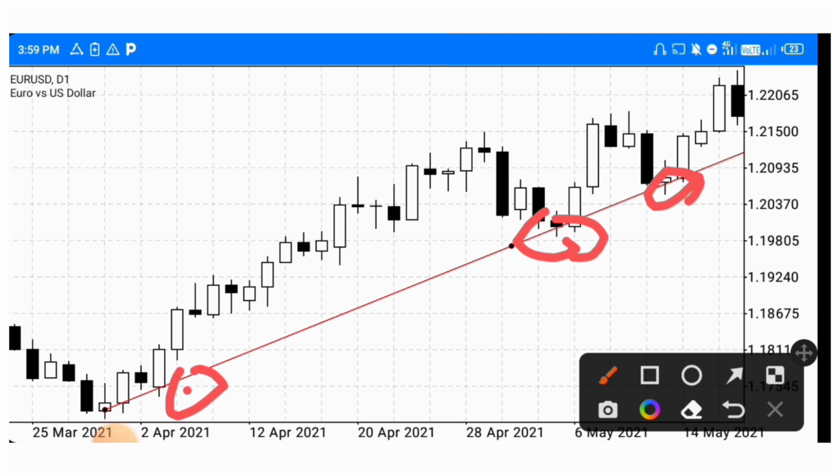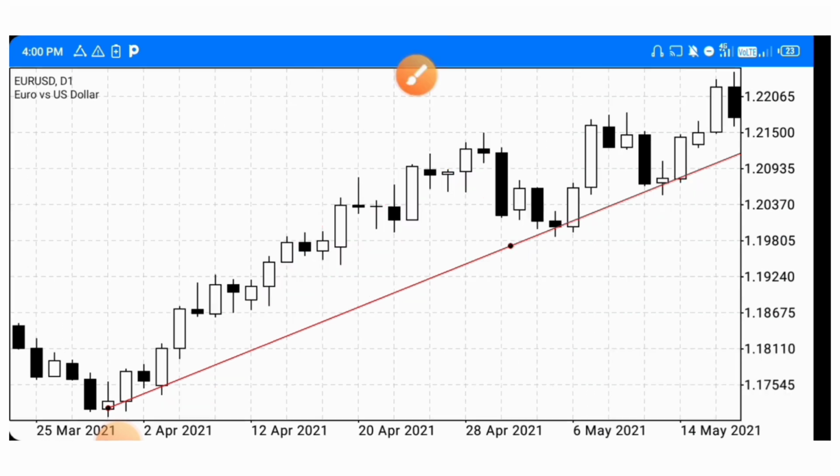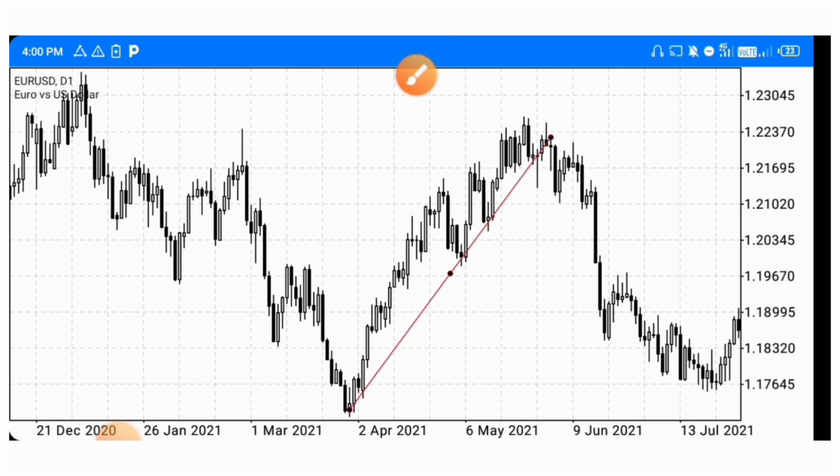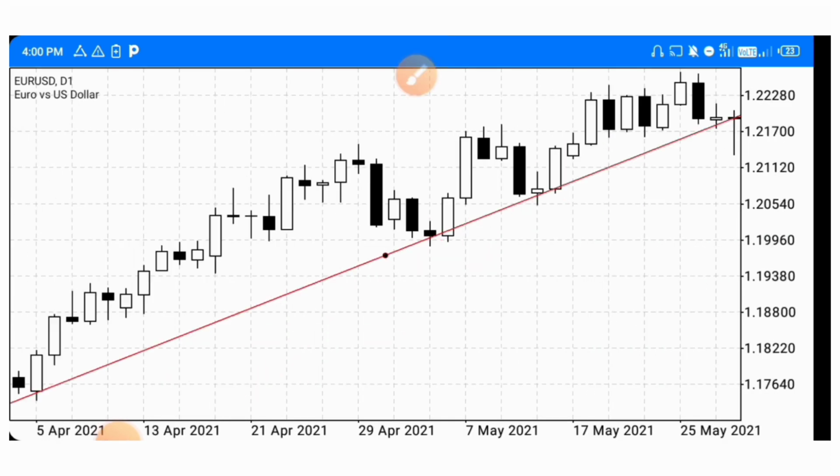This first one might not be convincing enough that it's going to buy, but on your lower time frame, like 15 minutes, you'll be seeing a good buy signal here. This is another trend line in 15 minutes, and it will be giving you a good setup. This is another way to use your daily time frame to identify your lower time frame.